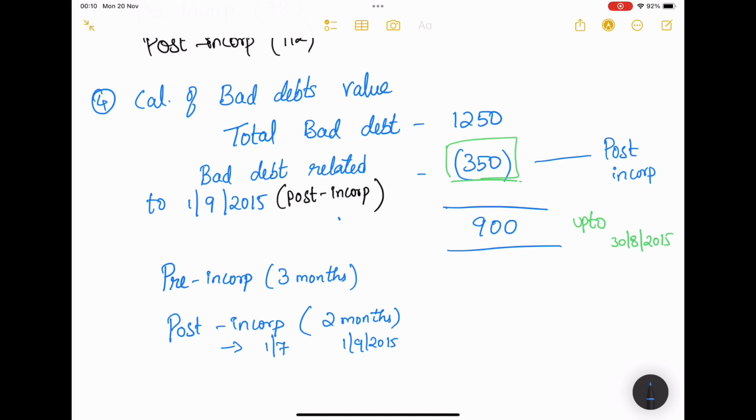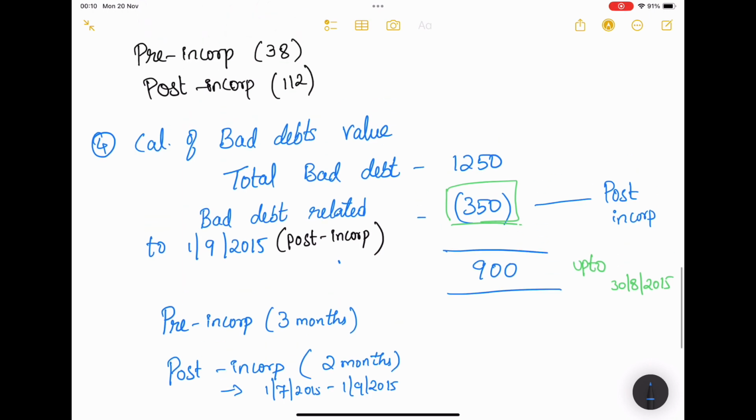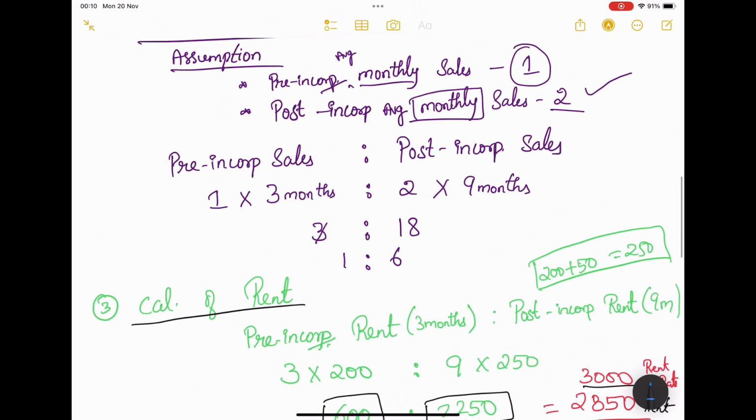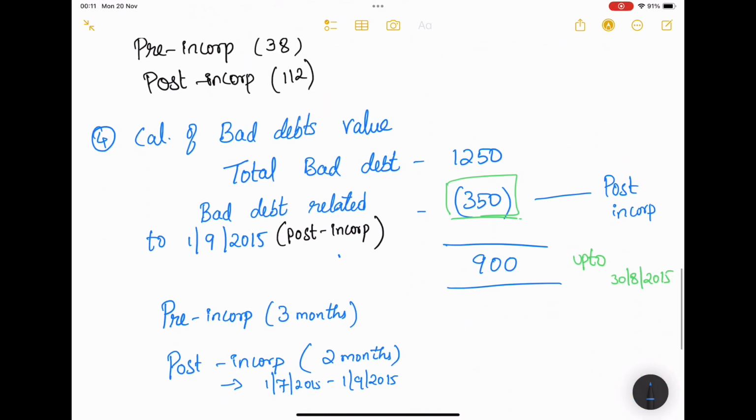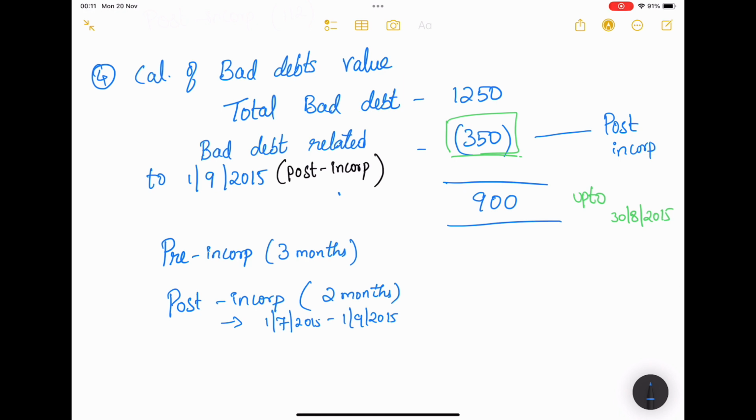So 1st July to 31st August only I have to calculate, which means September 1st itself it is going to end, isn't it? So we can't directly use the sales ratio here. Why can't we use the sales ratio? Because the sales ratio we are going to calculate on an assumption basis, and there is nothing exact. When a question or the adjustment is fully related to 1 year, we can use ratios.